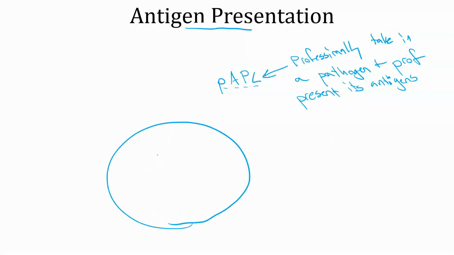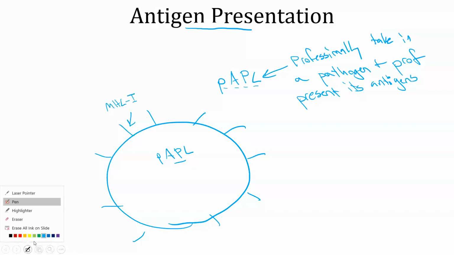Okay, so if this was a professional antigen presenting cell I'm showing you here, there would be self antigens on it, just the same as all other cells. And those are all on this flagpole that's called MHC class 1, just as we saw in the previous example. And so there's all these little antigens, different bits and pieces of the cell presented on the surface of the cell to show other cells what kind of cell it is.